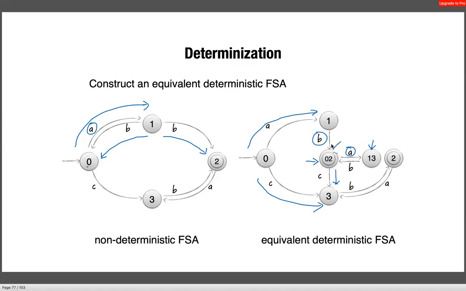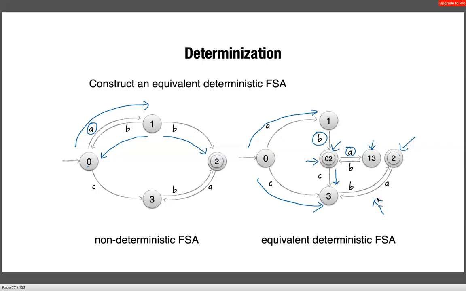Okay, so {0, 2} is final because 2 was a final state, and then 2, of course, stays as a final state. So this is our resulting machine. So now you'll see that when you reach state 1, there is no longer any non-determinism when you see the symbol B, right? You'll just transition to this new state when you see the symbol B. So this is the equivalent deterministic finite state acceptor.